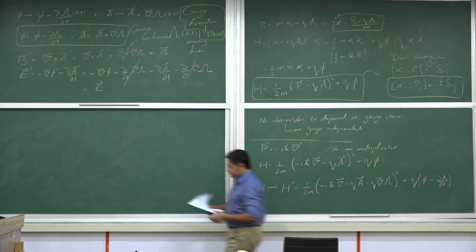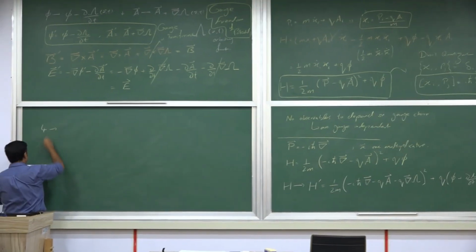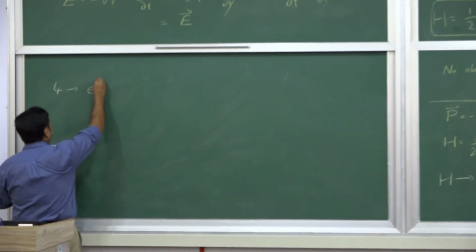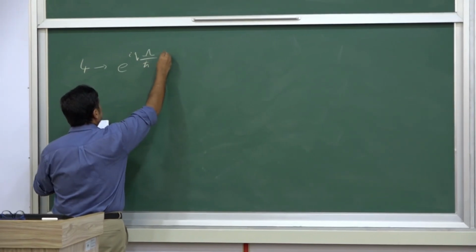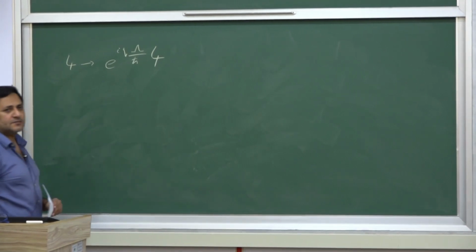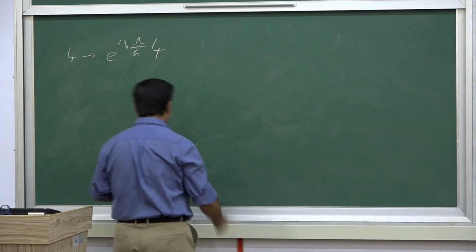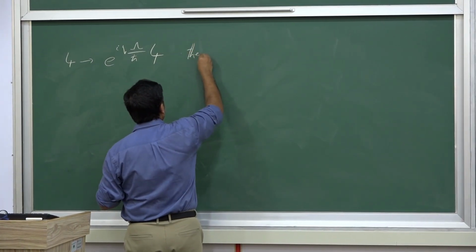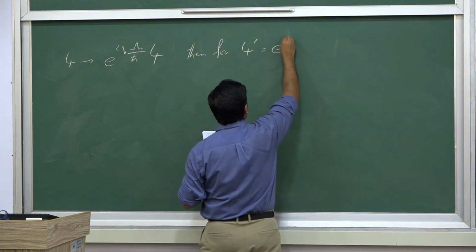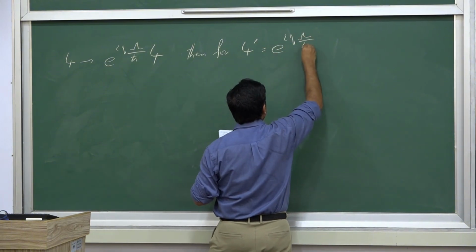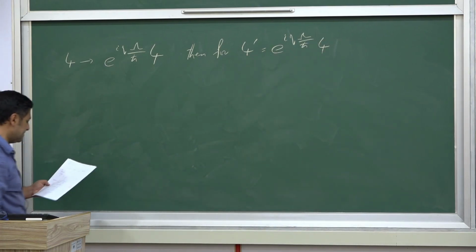But actually it hasn't, because if at the same time I make this gauge transformation on my wave functions, then this is the old wave function, this is the new wave function.